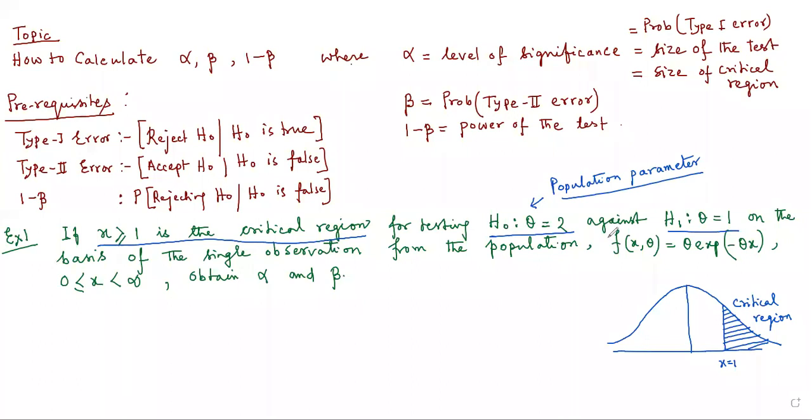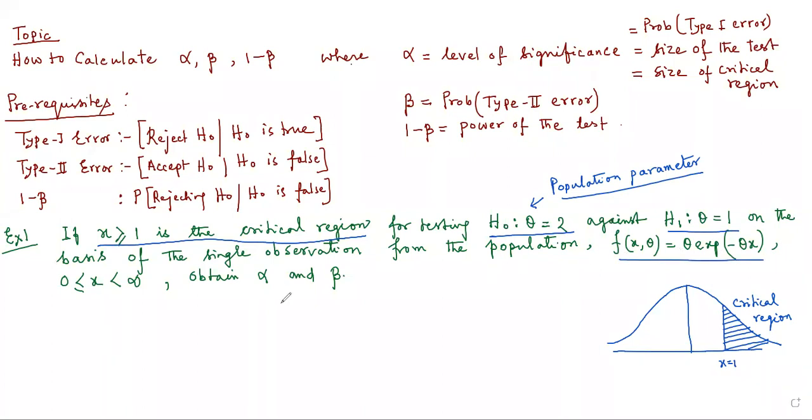It could be mean, it could be variance, anything related to the population. And the entire statement is based on a single observation from the population. After this, they have put a comma and mentioned this particular function f(x, theta) = theta times exponential of minus theta x.